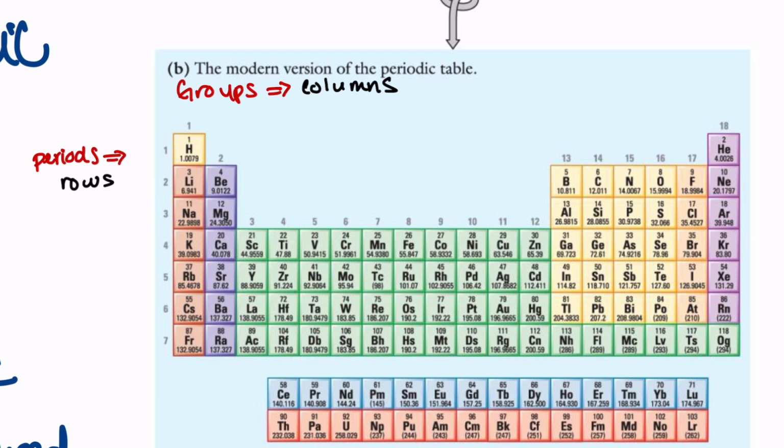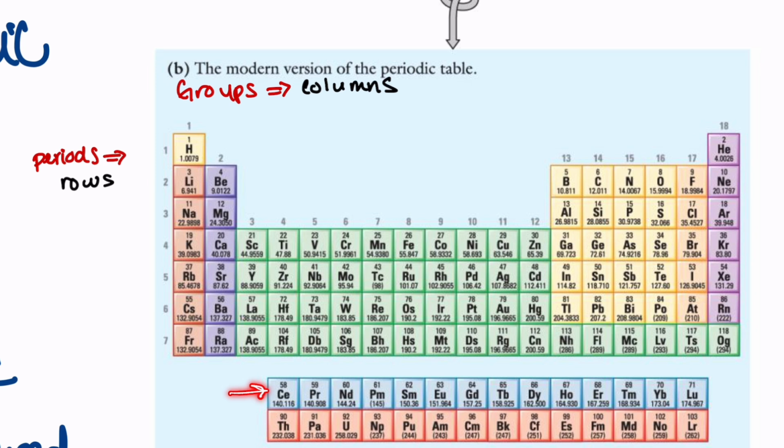Now, what's a little bit strange when you first look at the periodic table are these two periods right here. These are not separate periods. That's why they don't have a number. If you look at the numbers, right here we have 56, 57, and then it jumps to 72. That's because the 58 through 71 are down here.